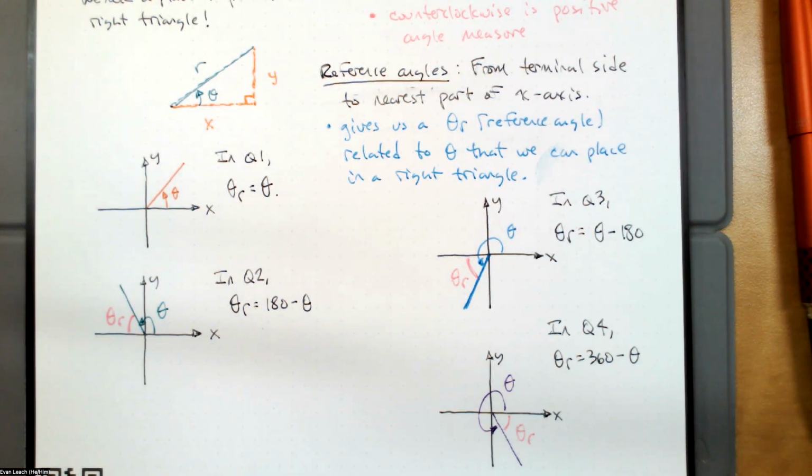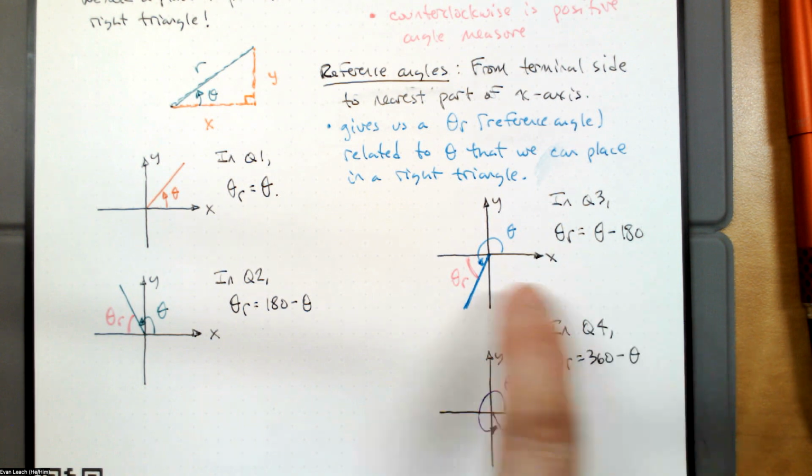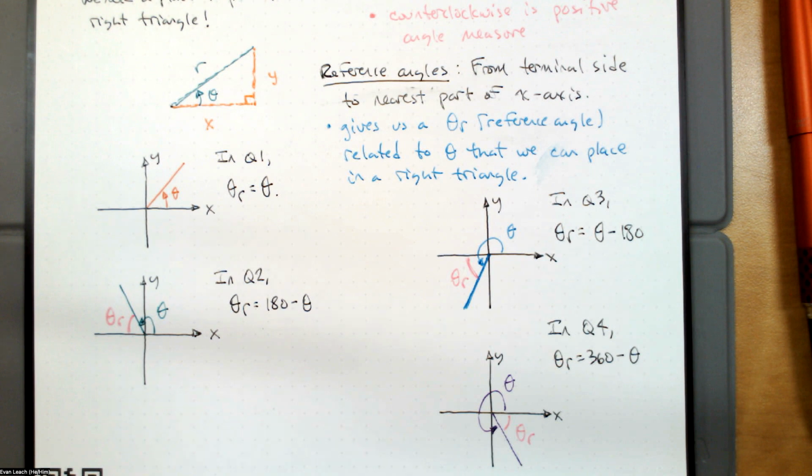What we want to do is imagine where the reference angles are. The reference angles always go towards the nearest part of the x-axis. Don't worry about memorizing how we find them with these formulas. That's just demonstrating what they are here. What we want to be able to do is figure out what a reference angle is for any angle. So for example, if theta is a negative angle, it's in the fourth quadrant, then we're going to want to change the sign.